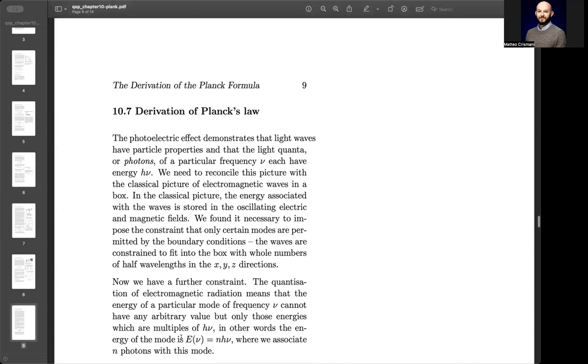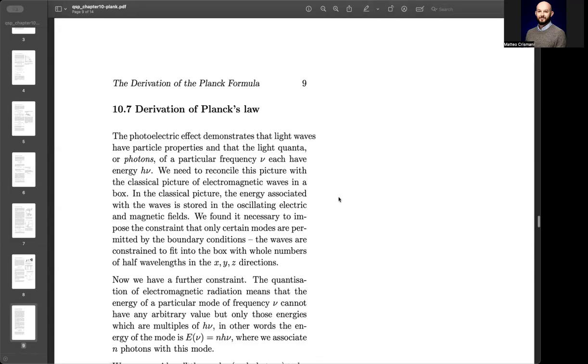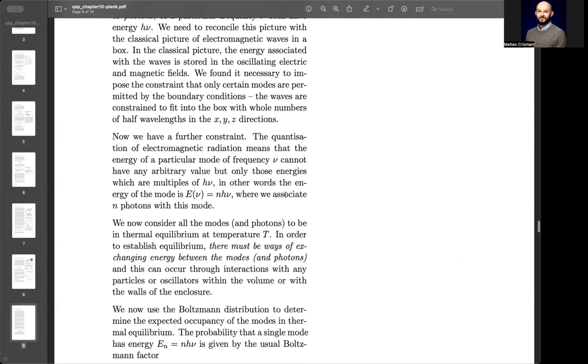So now if I have an energy, let's say E is equal to N times h nu, okay? N would be the number of photons in this mode, for whatever this energetic state is.